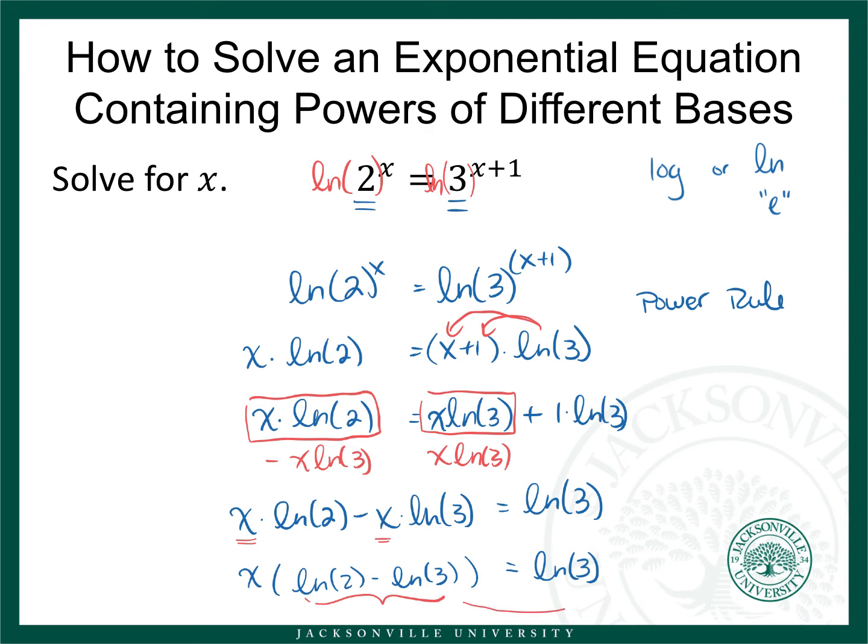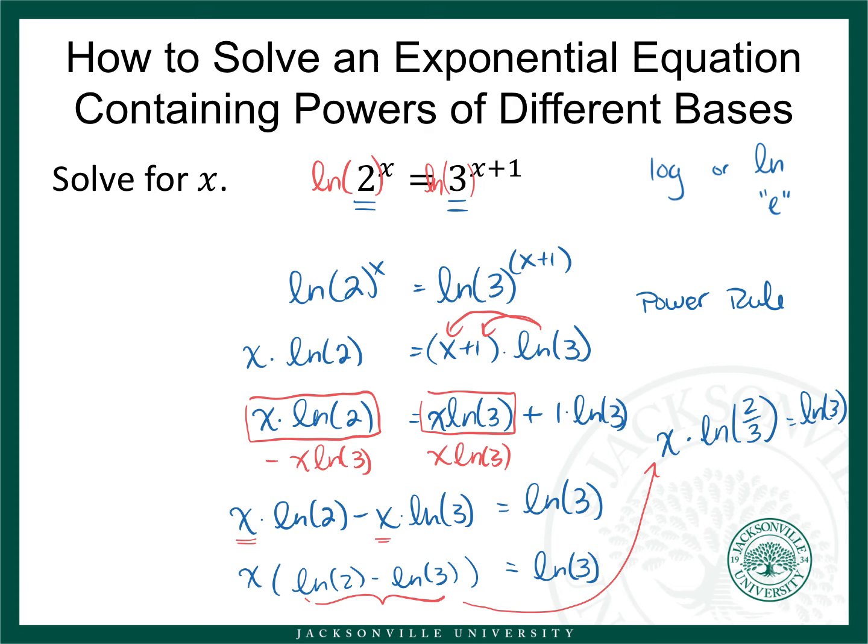So let me kind of move to the right here. I kind of ran out of space there. So I can rewrite this using the quotient rule. The natural log of 2 minus the natural log of 3 is the same thing as the natural log of 2 over 3. And then on the right-hand side here, I still have the natural log of 3.